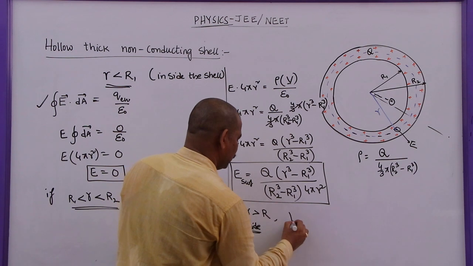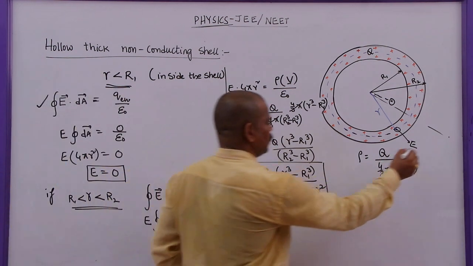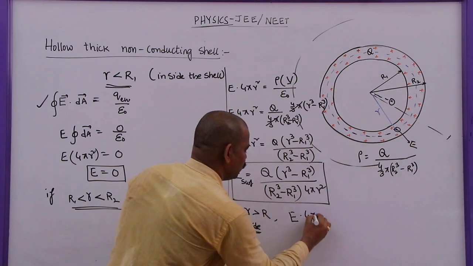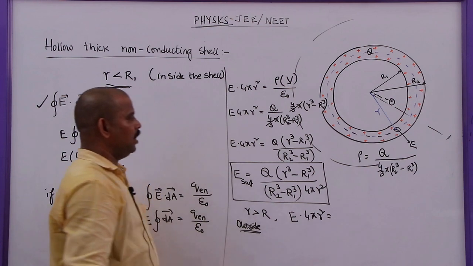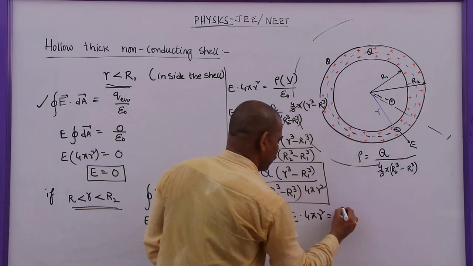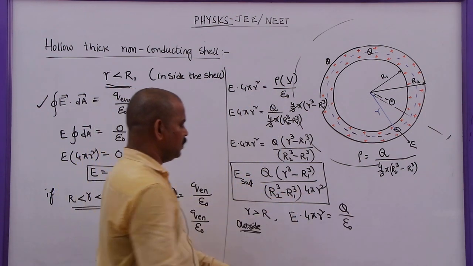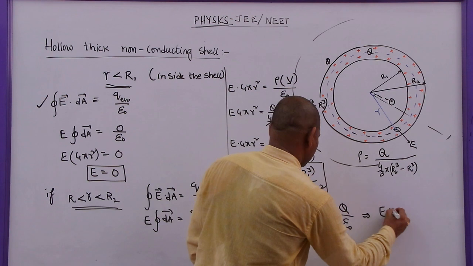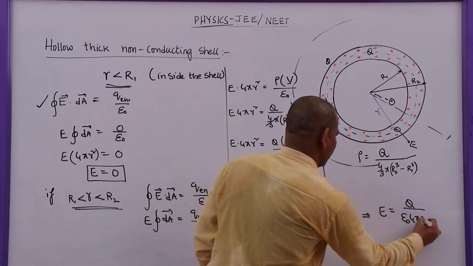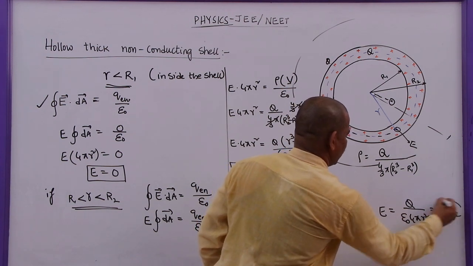Here the electric field E into the surface area of the spherical Gaussian surface you are considering, this will be 4 pi small r square. And what is the charge enclosed? Total charge is always Q. So you can write directly Q by epsilon naught. Cross multiplying, E is equal to Q by epsilon naught 4 pi r square, which is 1 by 4 pi epsilon naught Q by r square.